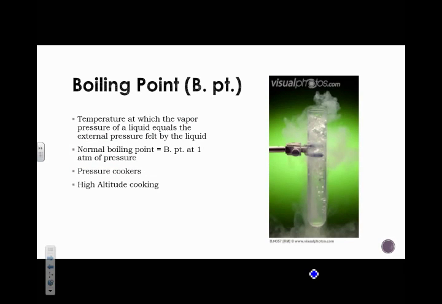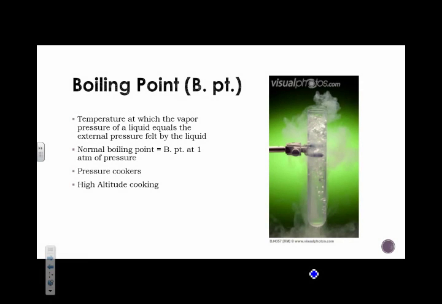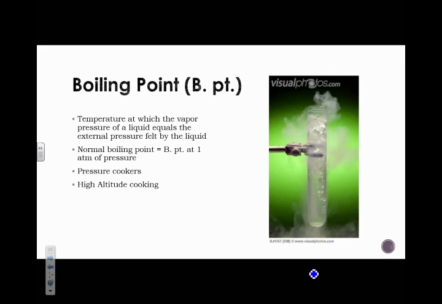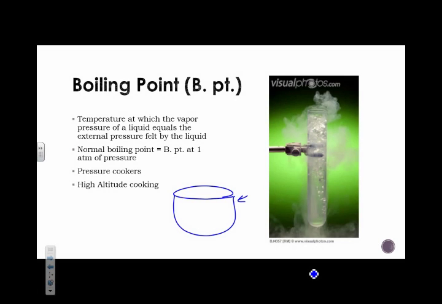Boiling point comes from the fact that there is some temperature at which the vapor pressure of the liquid equals the atmospheric pressure, the pressure that's felt by the liquid. Normal boiling point is the boiling point that occurs at 1 atm of pressure. A pressure cooker essentially is a container that has a lot of pressure applied.